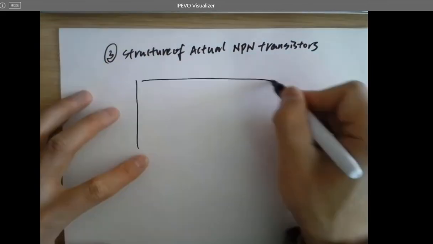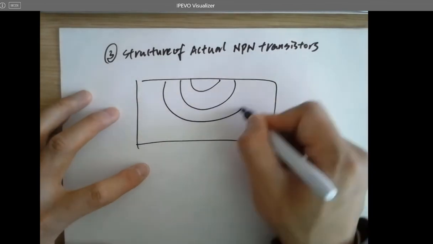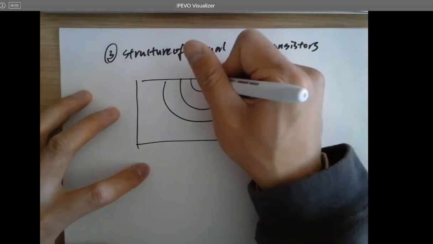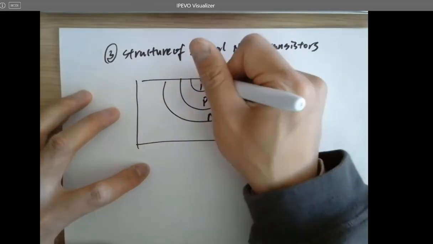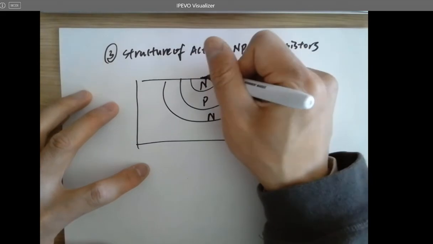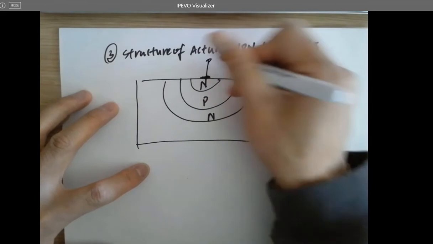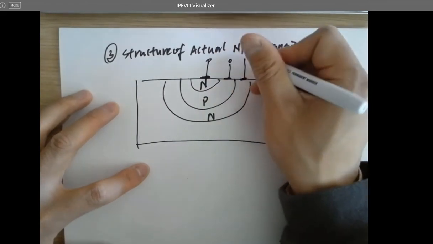You have a substrate, a little metal contact, a terminal, a little metal contact, a terminal, a metal contact, a terminal.